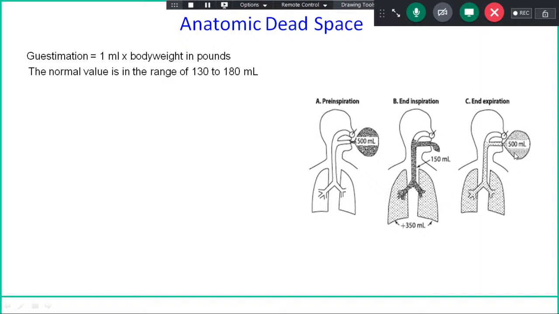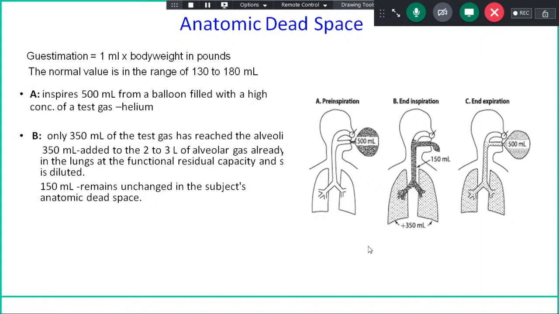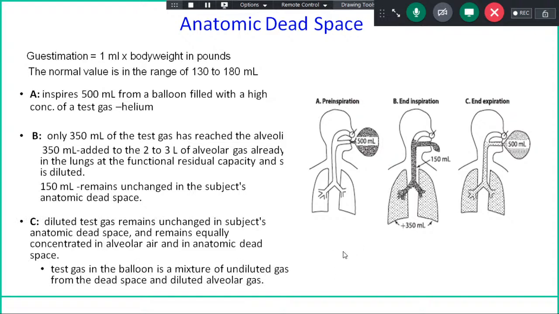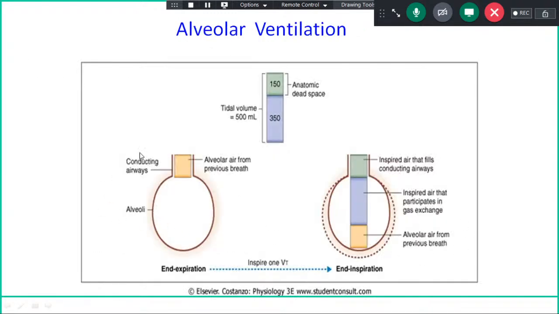So it will be somewhere in between, whereas the conducting airways now will have the diluted test gas which is coming up from the alveoli and stays there. This is what is written in the slide on the left-hand side, whatever I have said, that the final test gas is now a mixture of undiluted from the dead space and the diluted alveolar space. So that's how the changes occur, how the gas is moving.